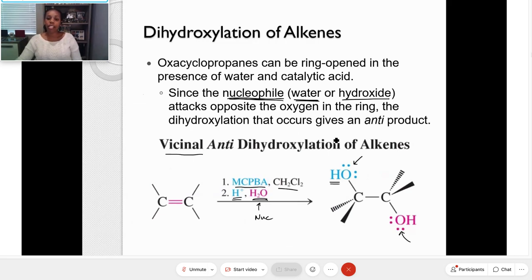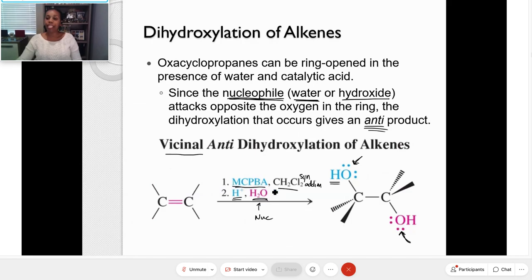We could use a strong base like hydroxide as the nucleophile also. But here we are going to be doing this where it opens on the opposite face to where the first oxygen was. So we get an anti product. One oxygen at the top, one oxygen at the bottom. So this first reaction is a syn addition. When we add the two bonds to oxygen for the MCPBA reaction, that is a syn addition.